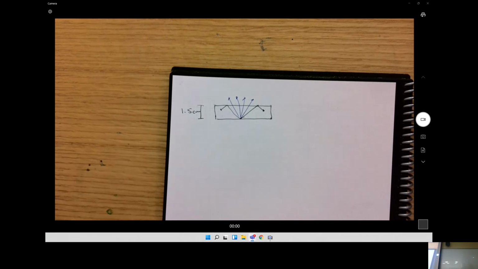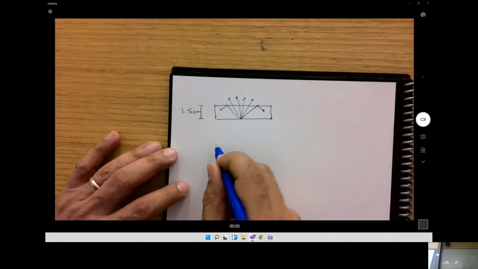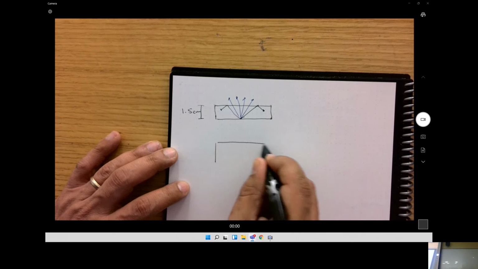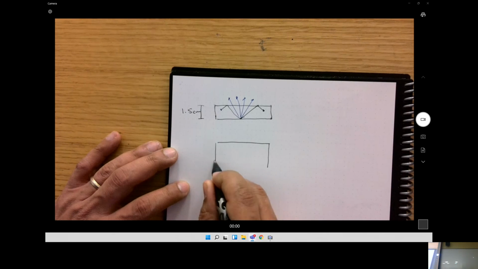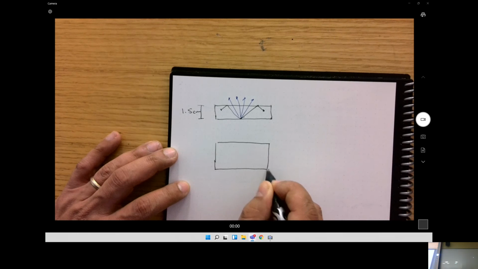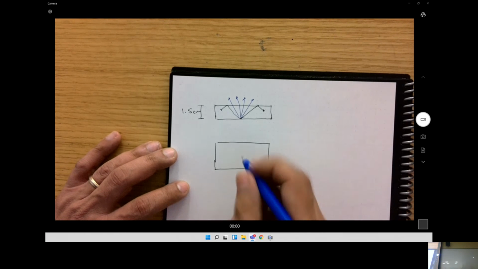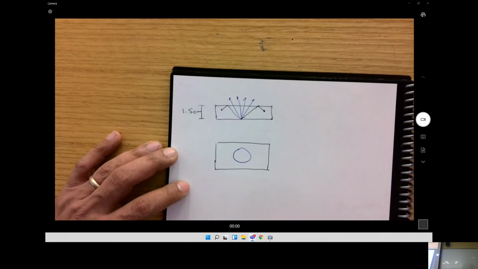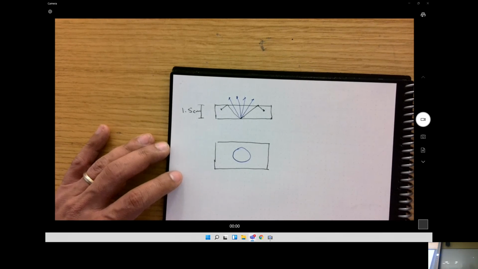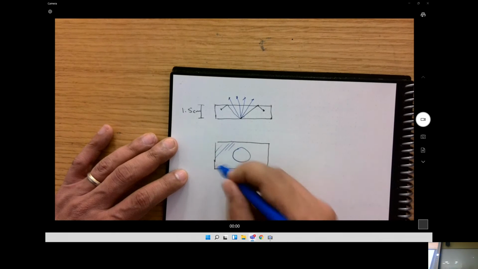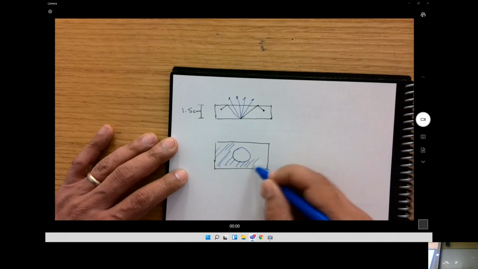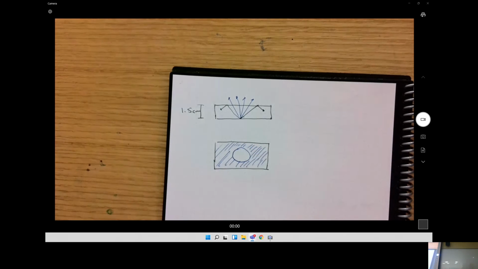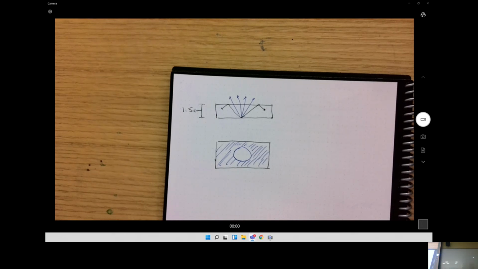So if you were to see this from the top, you will see a circle over here that is a bright circle because light is coming out of this thing, and then you will see kind of dark because no light is coming out.